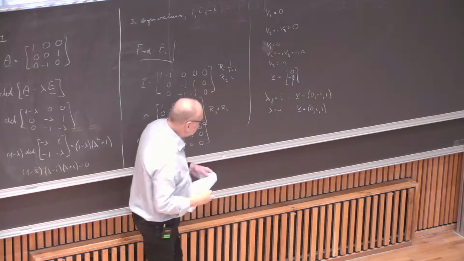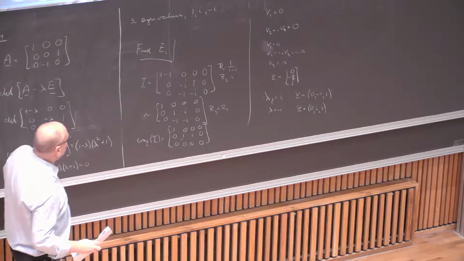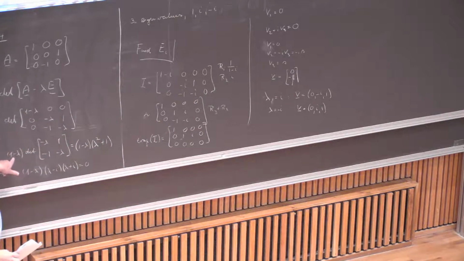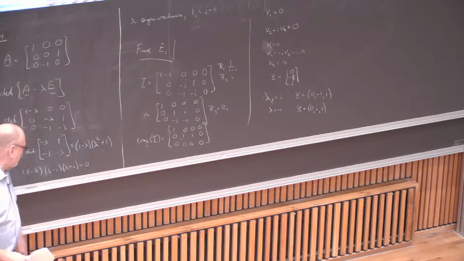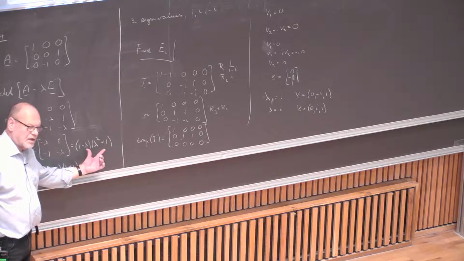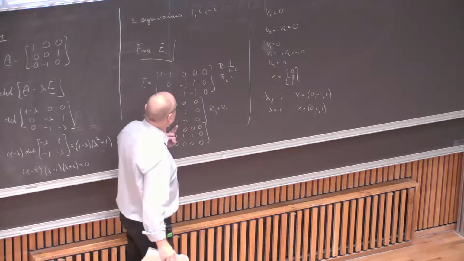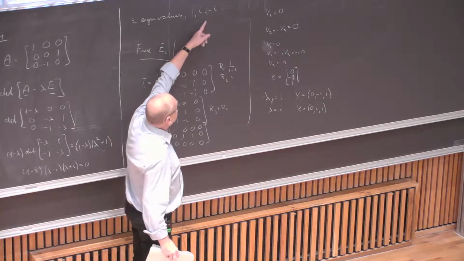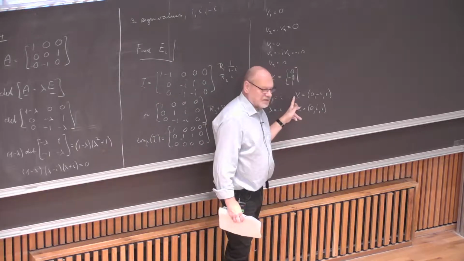Remember, we had a polynomial that we should solve. It is a polynomial here with real coefficients. And so you know that if you have a complex solution to this polynomial, then the complex conjugate would also be a solution. And you find that you have i and minus i as solutions. But the same applies to the eigenvectors.